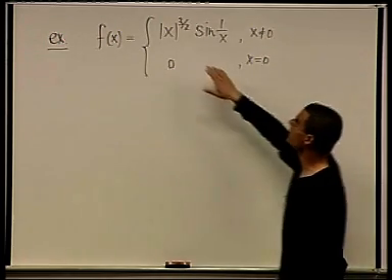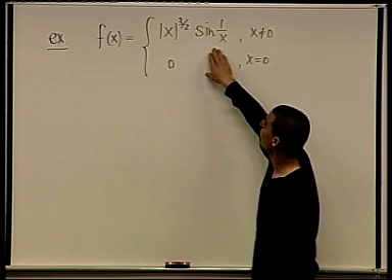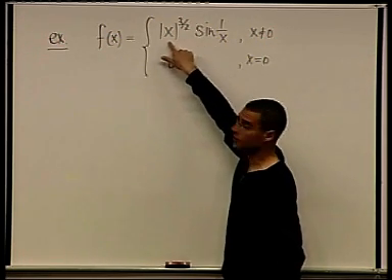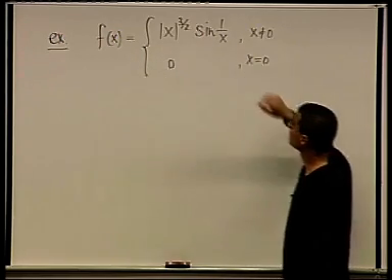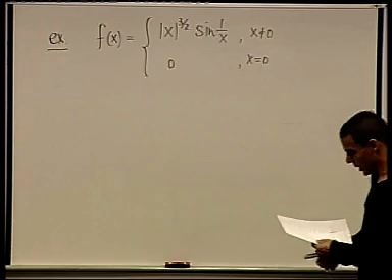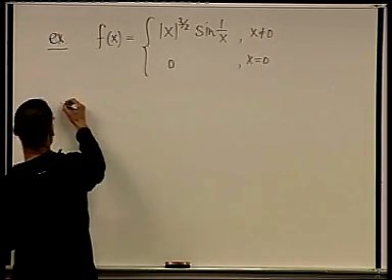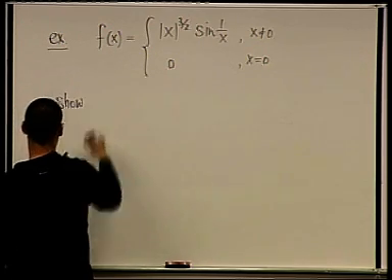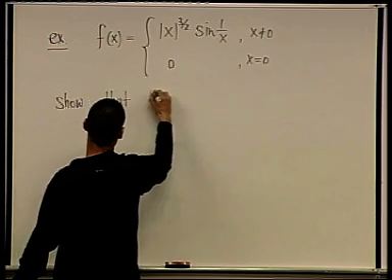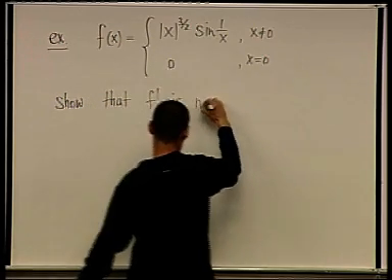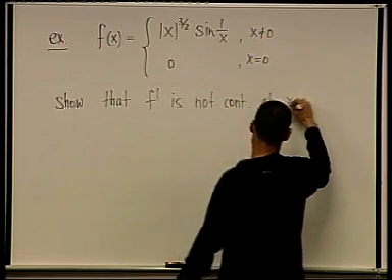Okay, so I wanted to take x to the power 3 halves times sine of 1 over x, but I can't take roots of negative numbers, so I put it in absolute value. Okay? And the claim about this function, this is a homework problem, is to show that f prime is not continuous at x equals 0.